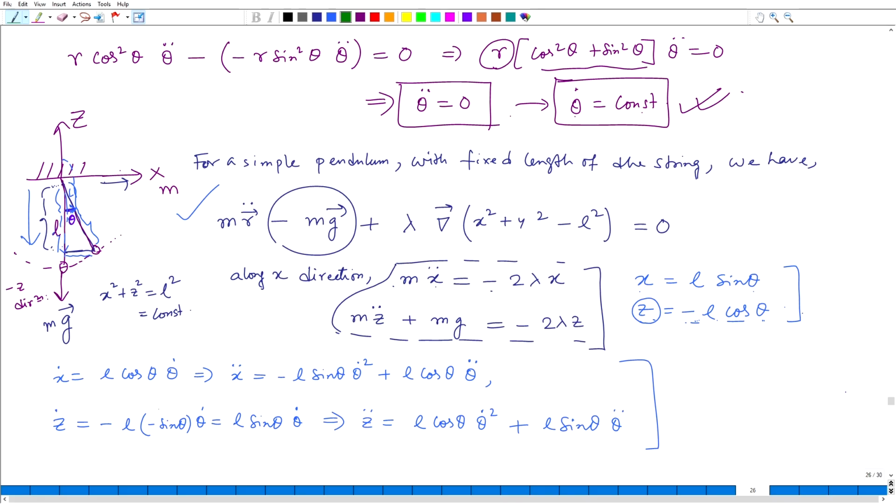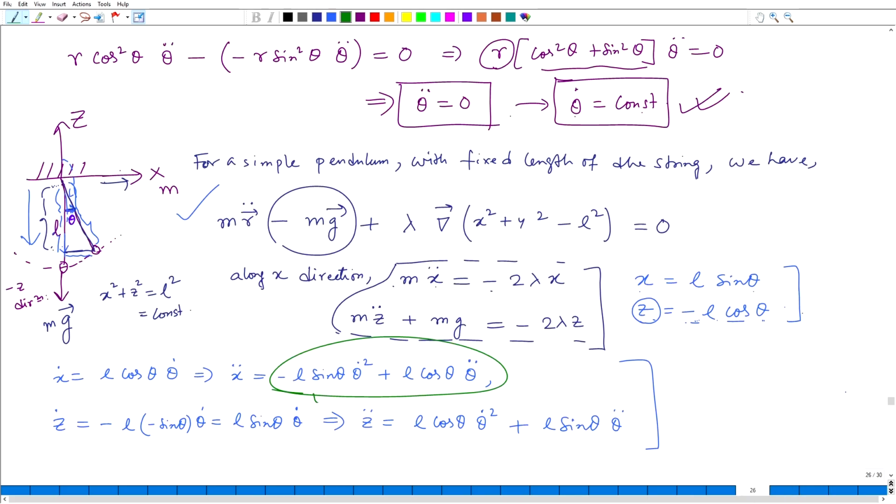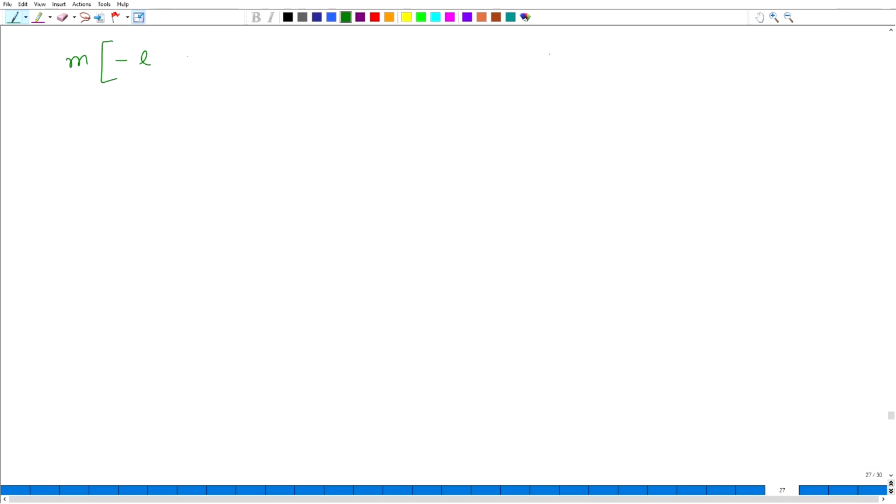So, m times the whole thing, m times this thing, okay, and I can say that minus L sin theta, theta dot square, plus L cos theta, theta double dot, minus L sin theta, theta dot square, plus L cos theta, theta double dot, okay, is equal to minus 2 lambda x.